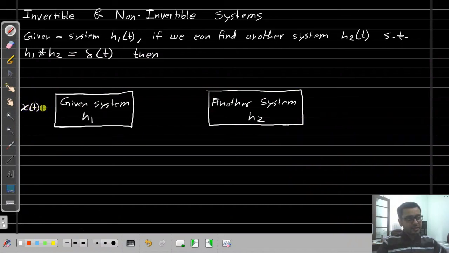X(t) comes here. Output goes to the input of the second system, and here is the final output.